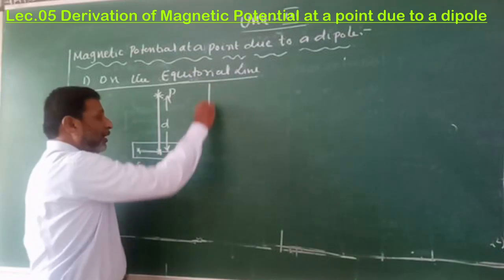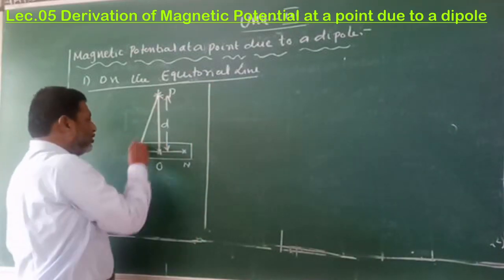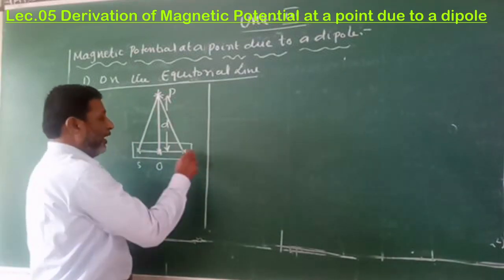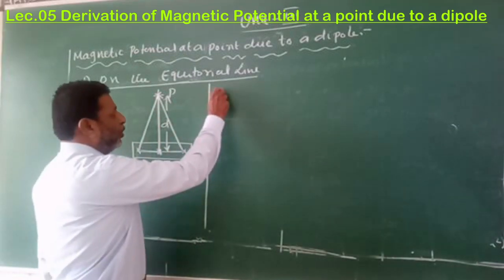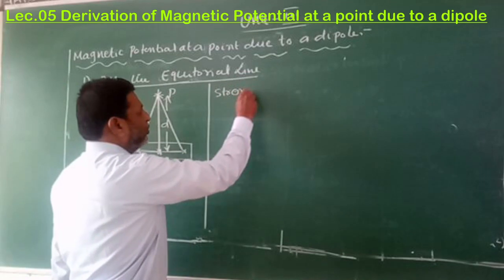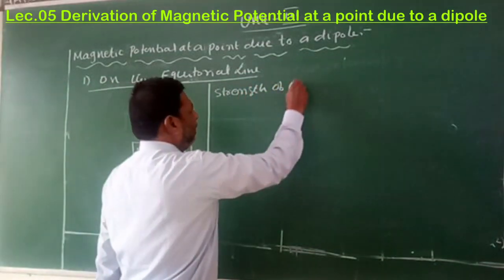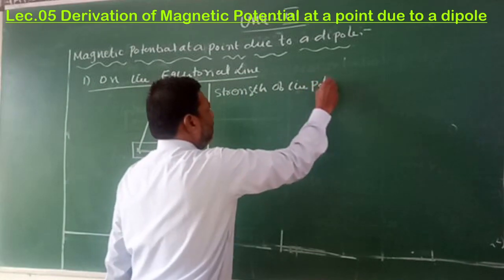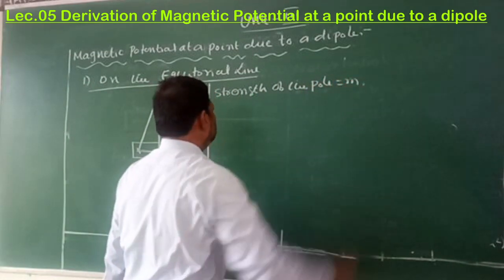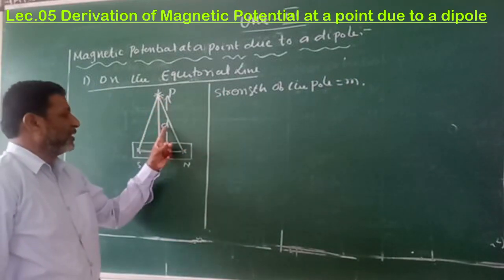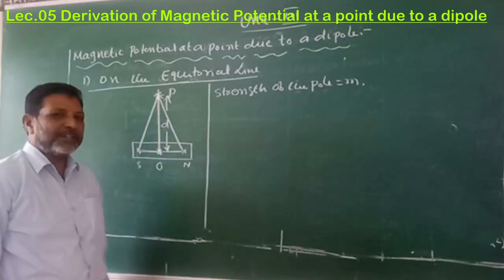The strength of each pole is m. Then P is a point which is at a distance of d from the center of the magnet.